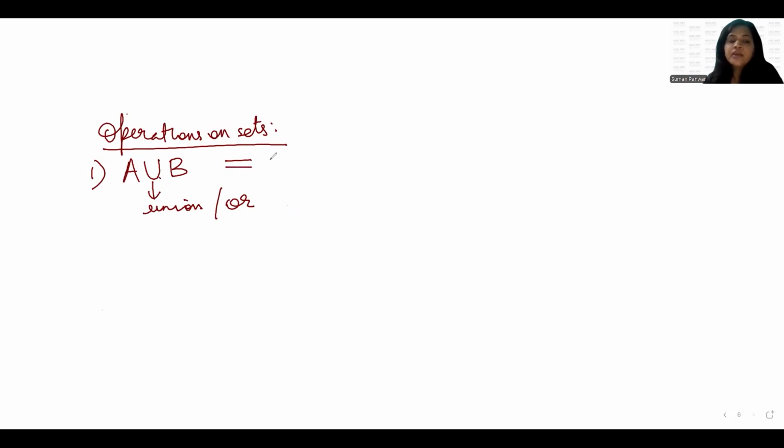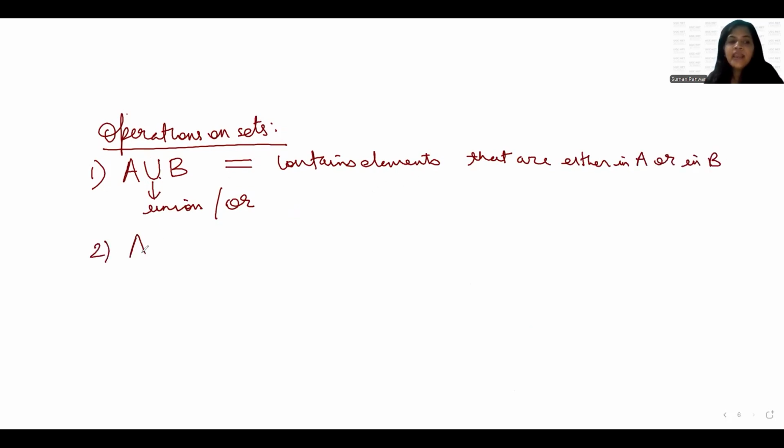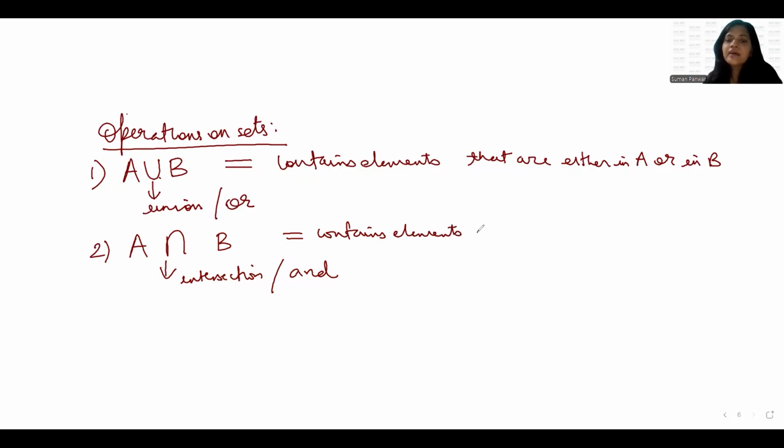So A union B contains elements that are either in A or in B. Second, A intersection B. This is intersection and this is also known as AND. So this contains elements that are common to A and B.